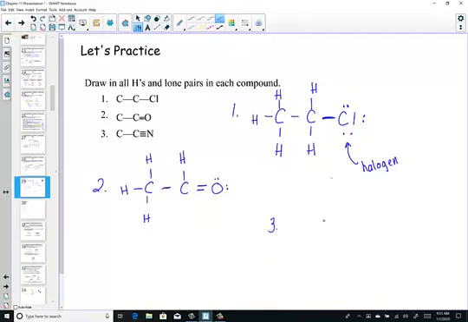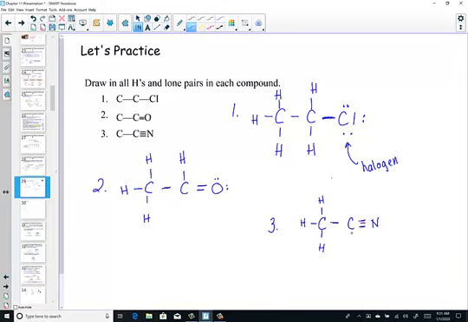And number 3, we have a C single bond C triple bond N. Each carbon forms 4 bonds. So I need to include 3 single bonds to hydrogen to satisfy the tetravalent requirement of that first carbon in the line. The second carbon already contains 1, 2, 3, 4 bonds.